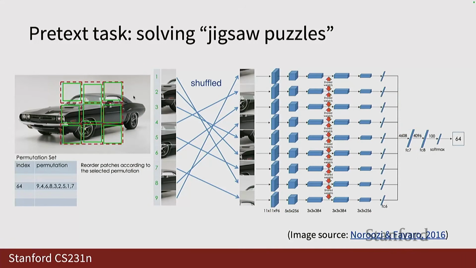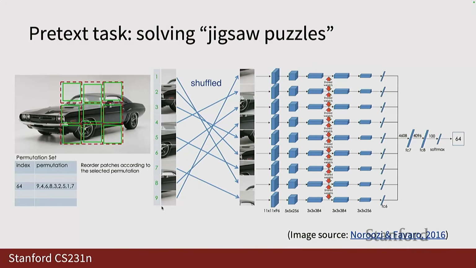So what they did was use the same 3x3 grid, take all of the patches, shuffle them randomly, and then ask the neural network to say which should be the correct permutation. So they basically predict the correct permutation.